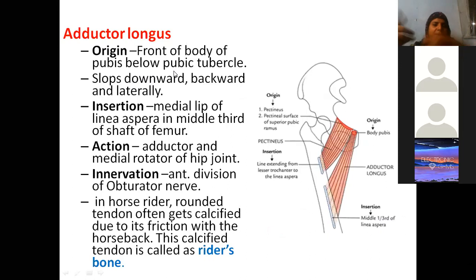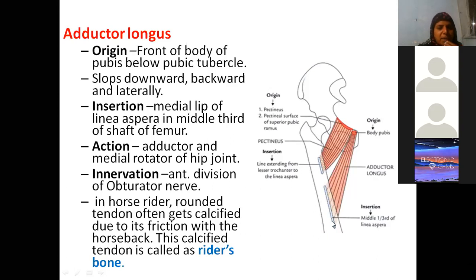Try to recollect this. It slopes downwards, backwards, and laterally. This one is the longest. It comes from the body of pubis and also from the pubic tubercle. And if you remember linea aspera, all these adductor muscles take their insertion there only.